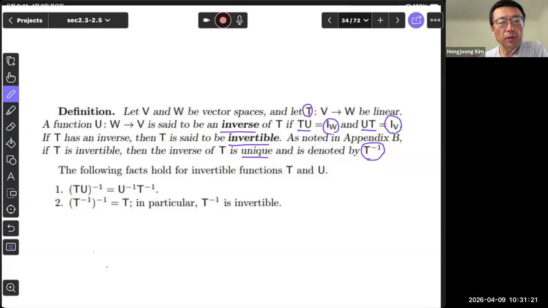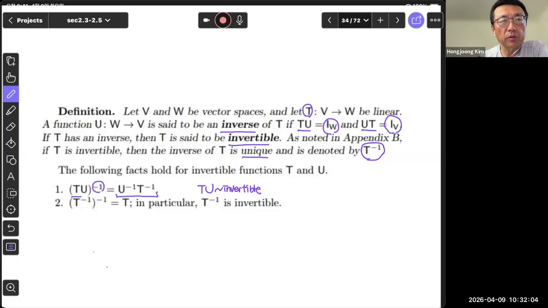Okay, so that is the definition of the inverse of any linear function. If T and U are invertible, then the composite TU, the composite of two invertible functions, will also be invertible. In addition, its inverse can be easily found.